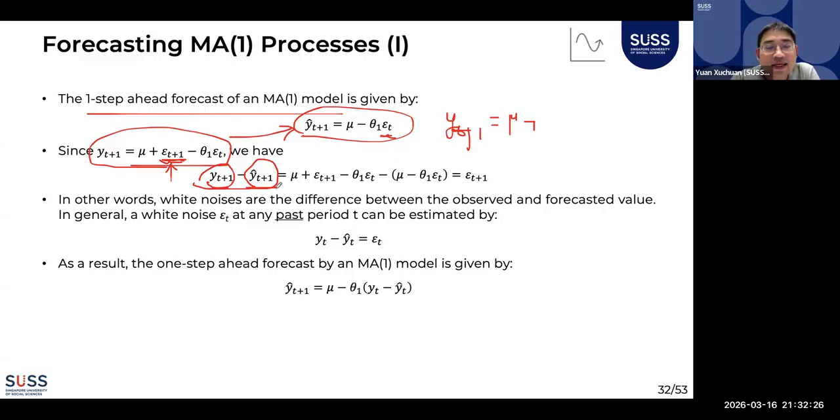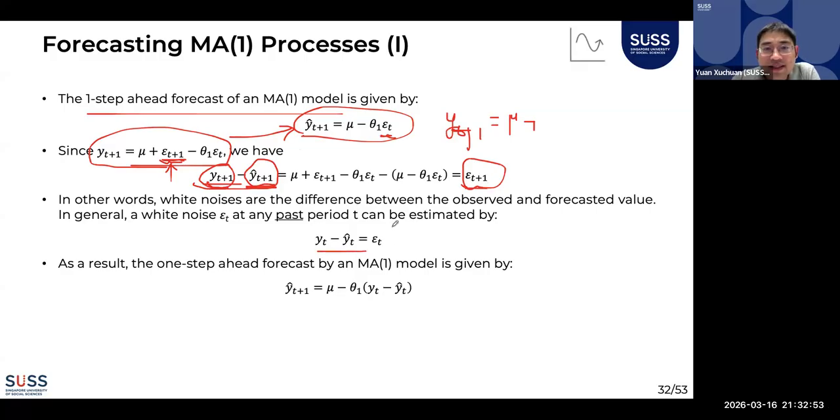Suppose you have yt+1 hat and you have observed yt+1. Then this will be the realized epsilon t+1, because yt+1 hat is based on your model and yt+1 is your observation. Epsilon t is a realized random term, or white noise.